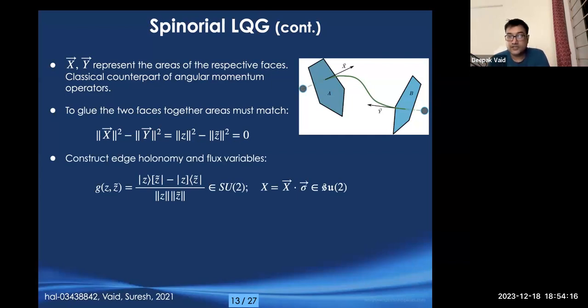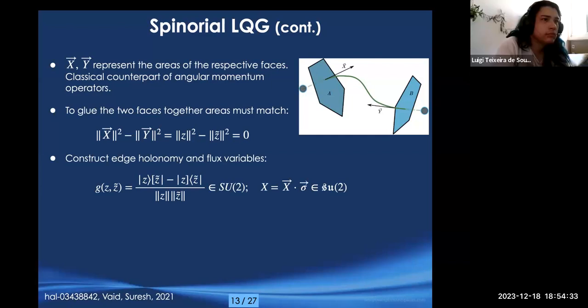So we started with this pair of spinors on each edge, and then we can construct these three-dimensional vectors. And this is just to show that you can reconstruct the holonomy and flux variables from the spinors.